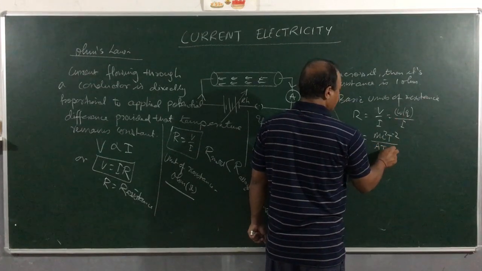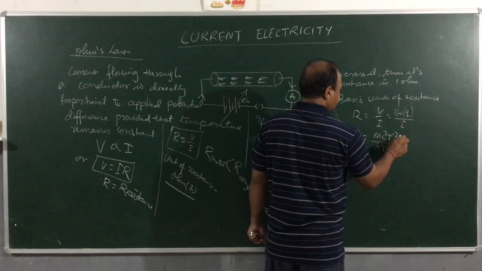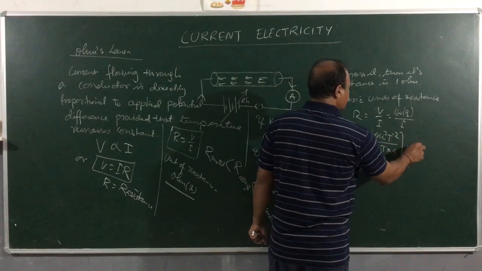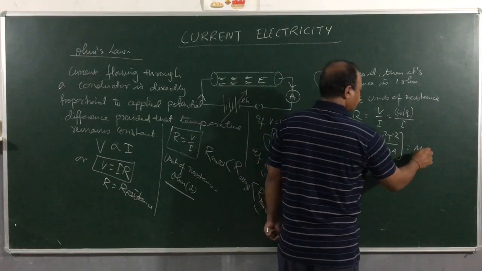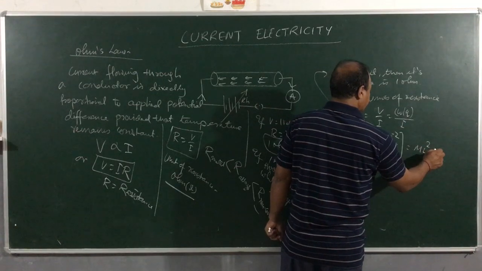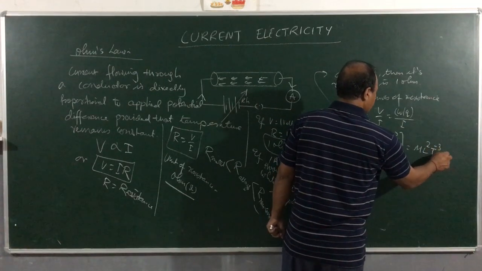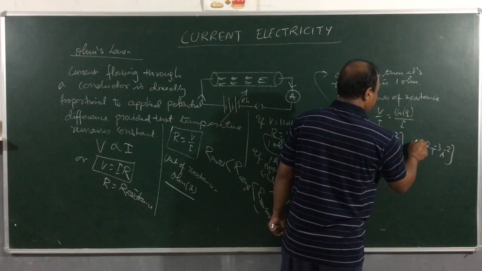Q is ampere into time and current is ampere. So you can see it will be M L squared T to the power minus 3 per ampere squared.